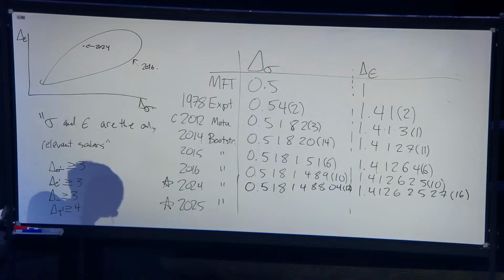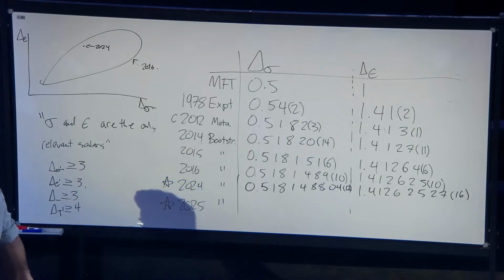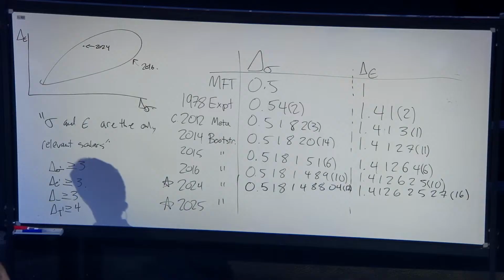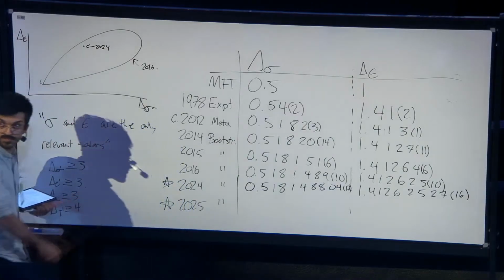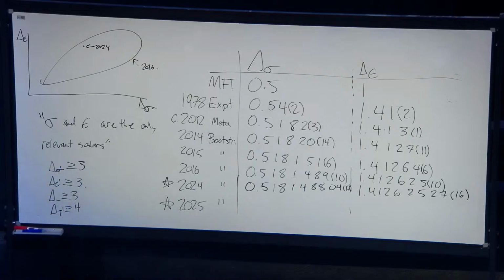And I wanted to say, with regards to this result, that one big winner that came out of this result that I need to mention. I promised numerology in the title. So our very own Ning Su had a prediction for delta sigma that came from just a few years after the 2016 paper.